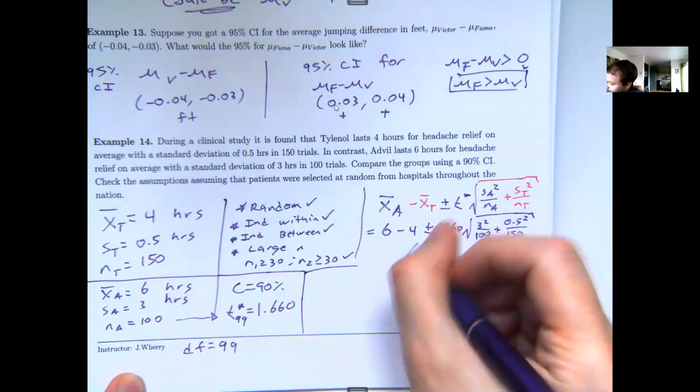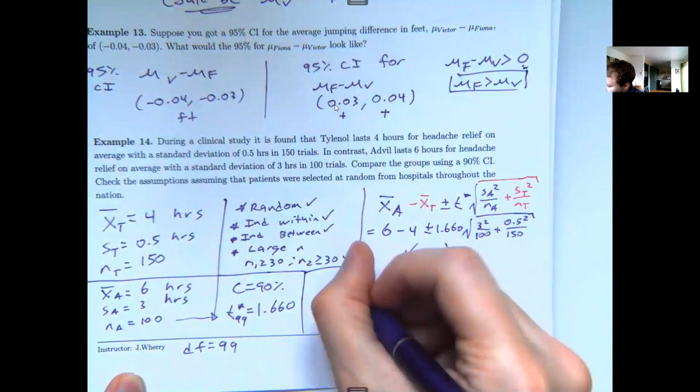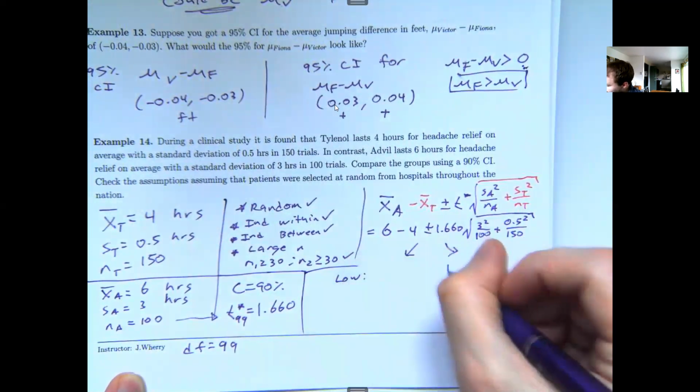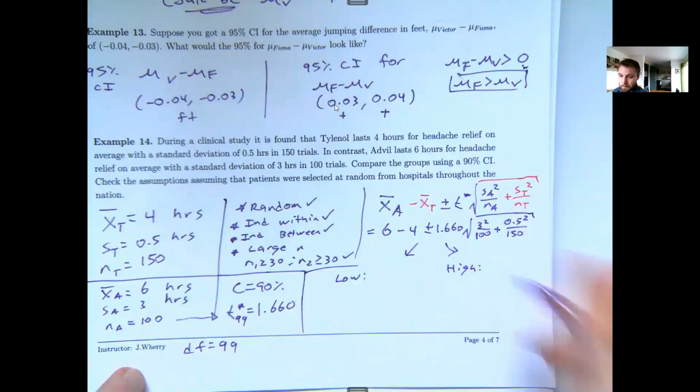I'm going to type this into my calculator once with the plus and once with the minus. And I don't have to go overboard with parentheses. In fact, order of operations does a lot of the work for me.